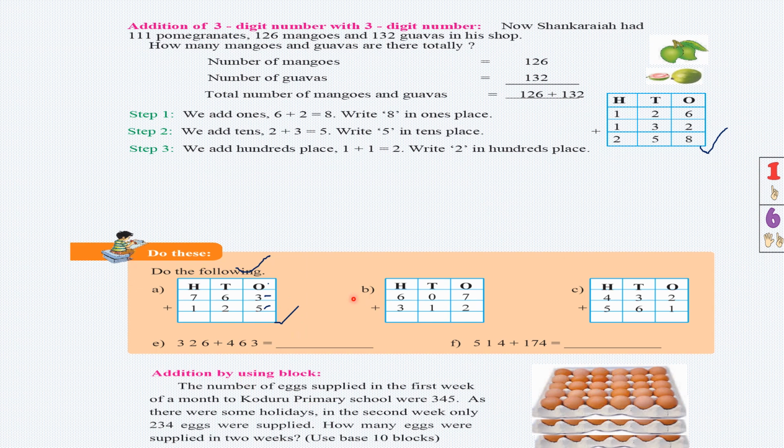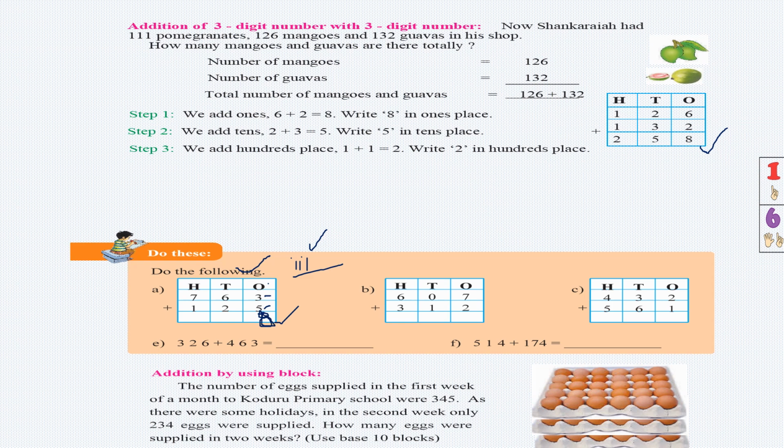Now you have to show me 3 fingers in your right hand. Now keep 5 in the mind. After 5 it is 6, 7 and 8. So I got 8 in ones.